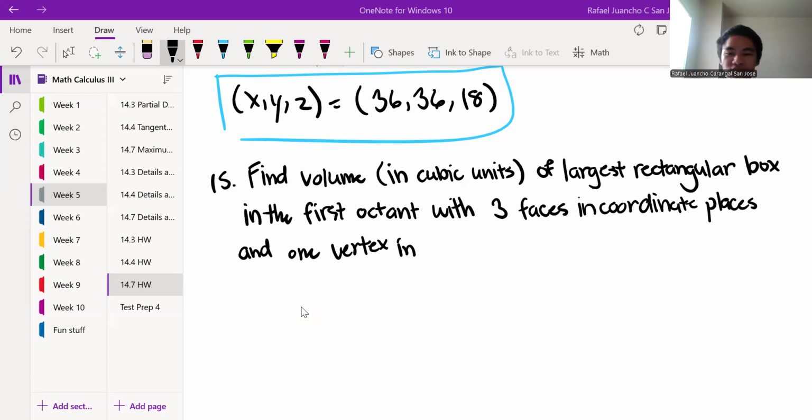Never would have expected it to be a box. And there's this one vertex in the plane with equation x plus 2y plus 3z equal to 9.